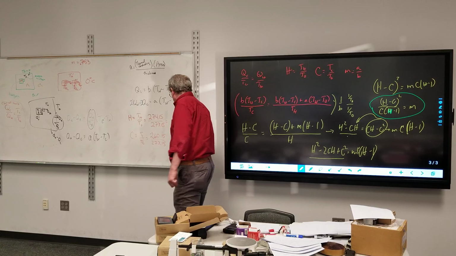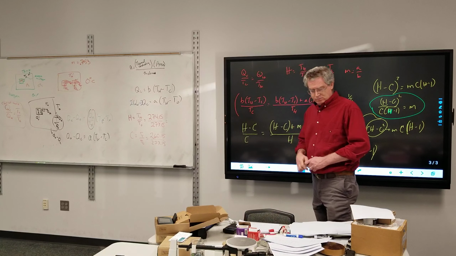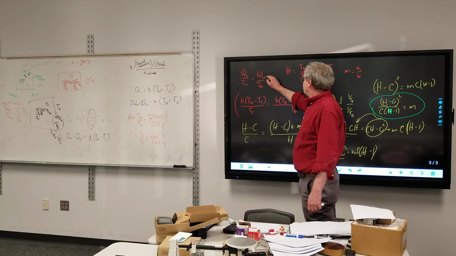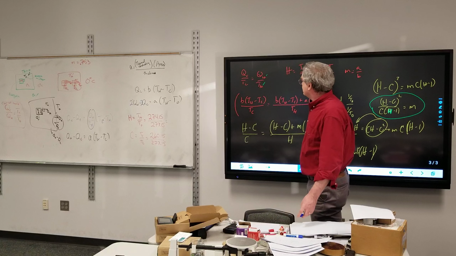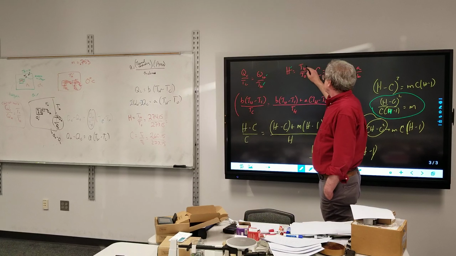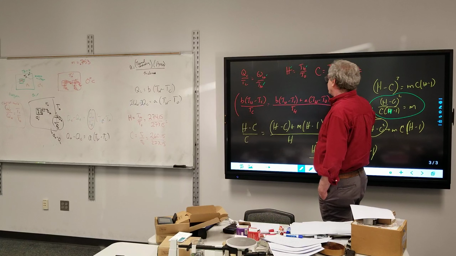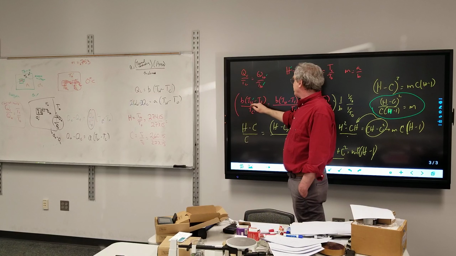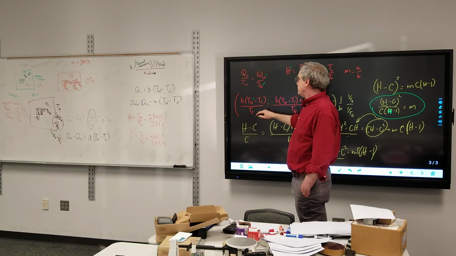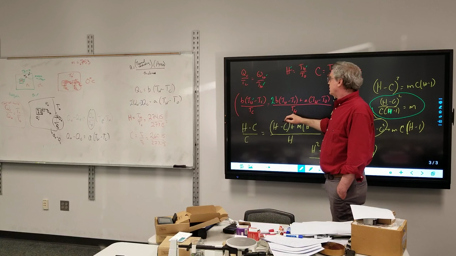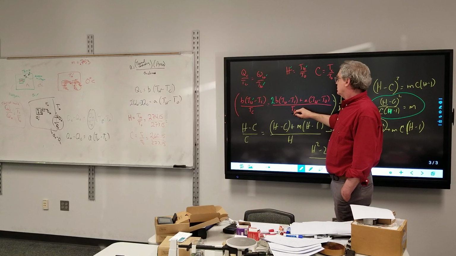We now will adjust this. Those are primes. TH is TH prime. Those stay the same. So we have B times TH prime minus TC over TC is equal to 2 times QC.